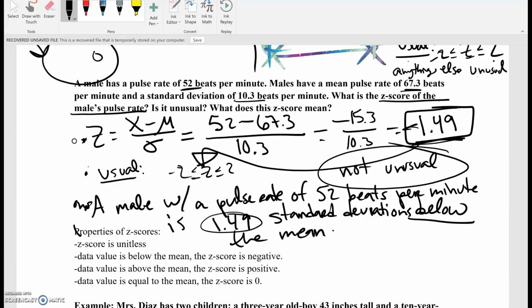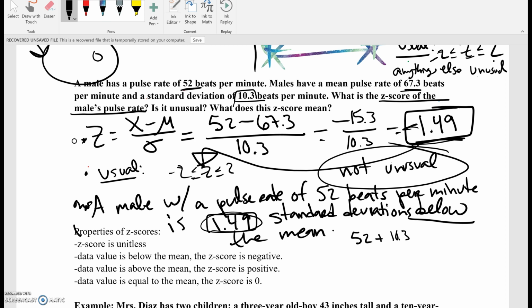That means if I have 52, and I add 1 standard deviation, 10.3, that's going to give me 62.3. But I'm not 1 standard deviation away from the mean. I'm 1.49 standard deviations away from the mean.